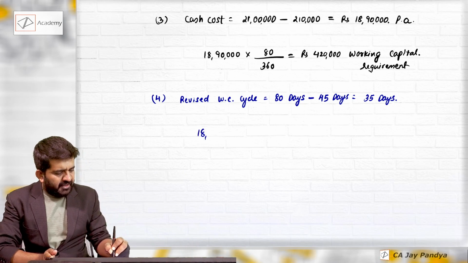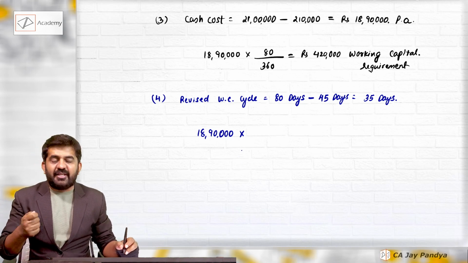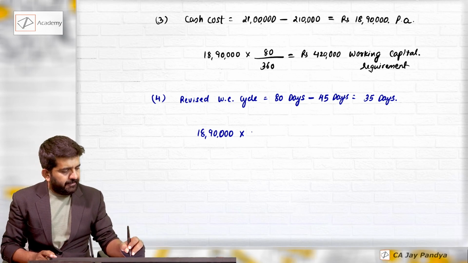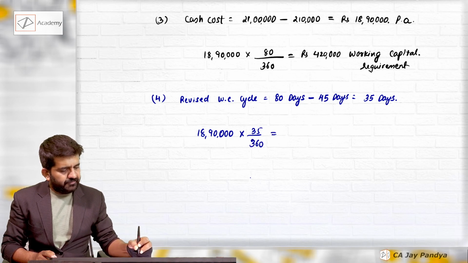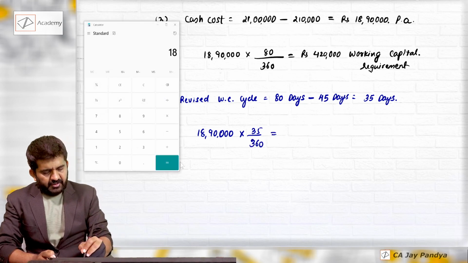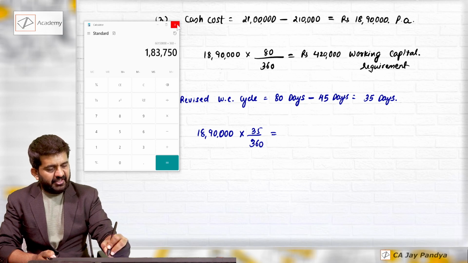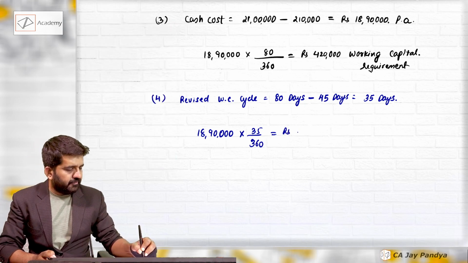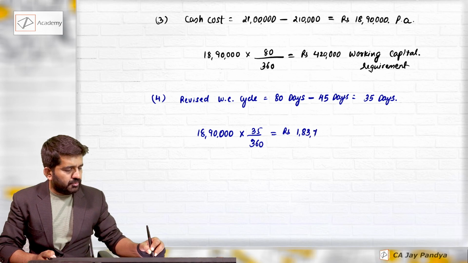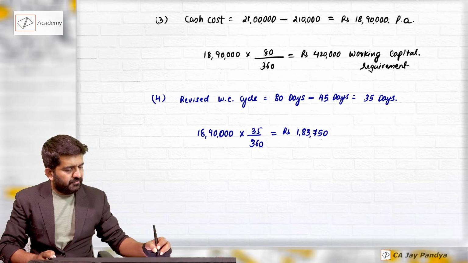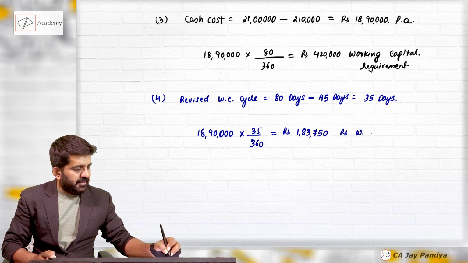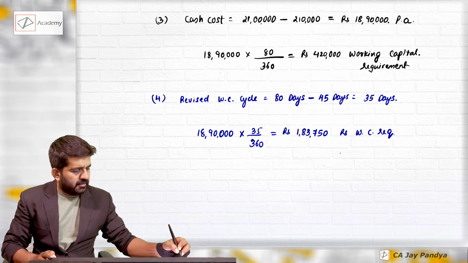So what will be working capital requirement? 18,90,000 into 35 divided by 360, which is 1,83,750. 1,83,750 rupees will be revised working capital requirement.